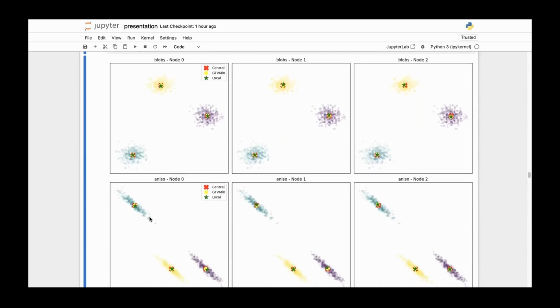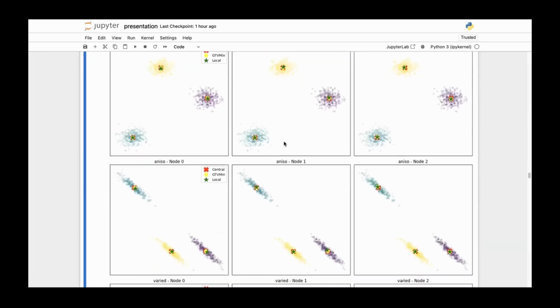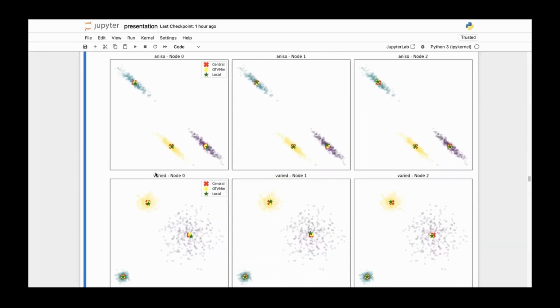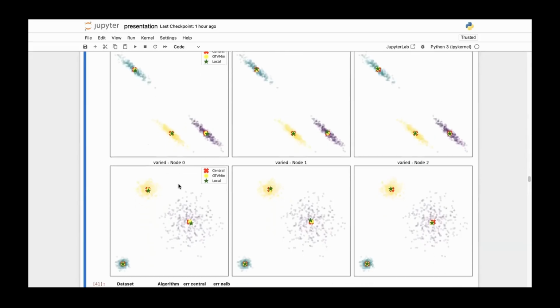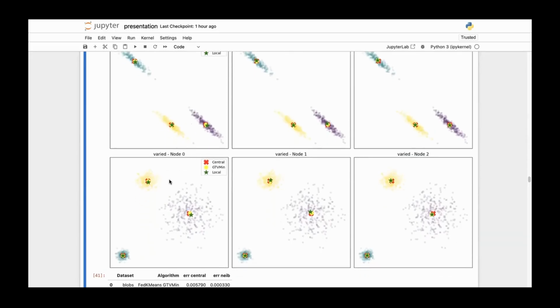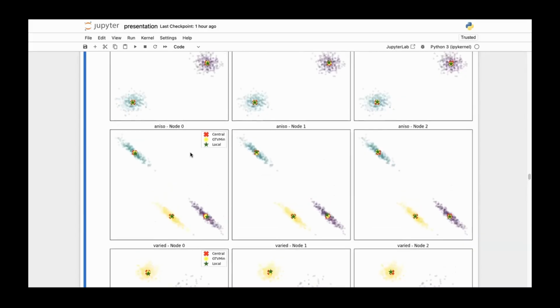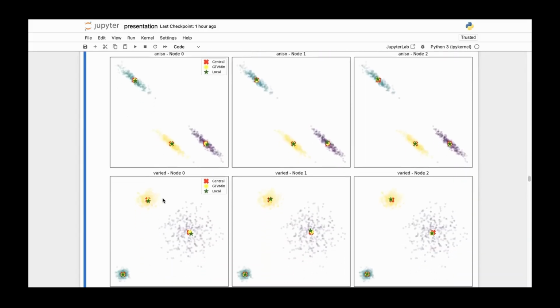The second row, the clusters are reshaped after a linear transformation. And the third dataset, we call it varied, which is also a variant of the blobs dataset. Here, clusters have different variances.